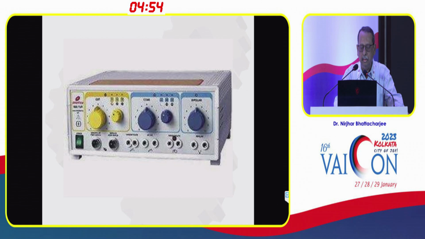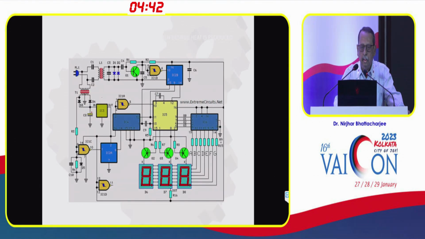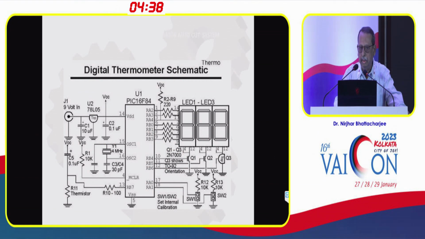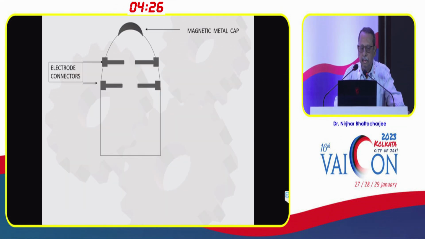So what we need, as we make a synopsis, is a diathermy generator, which is available in rural hospitals and rural small nursing homes also, and a digital thermometer with a little bit of facility which can auto-cut the generator circuit, that is the power circuit, that is the diathermy, automatically when a preset temperature is reached.